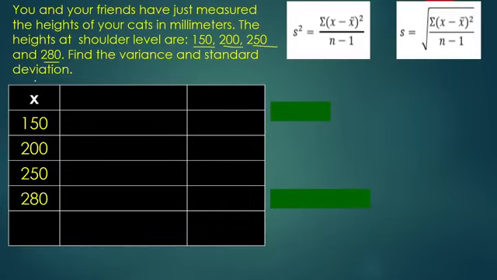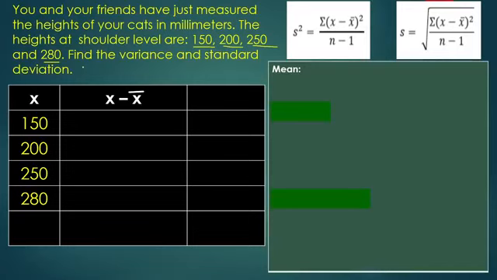Now, sir, what should be in the second column? The second column is simply x minus the mean. But take note, is the mean given in our problem? No. So we need to solve the mean first. Unsa gyud yung formula sa mean nato? I-add tanan. So you have 150 plus 200 plus 250 plus 280.